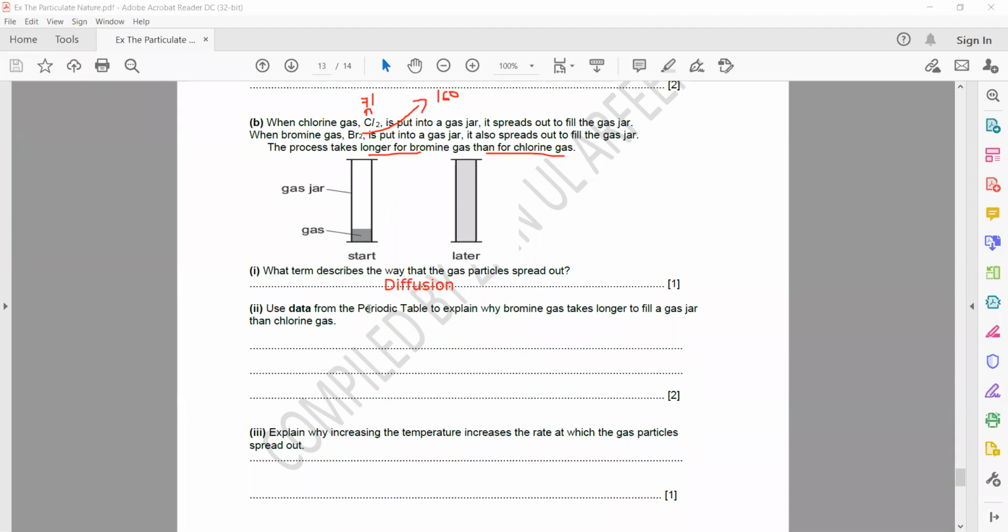Use the data from the periodic table, which means use the masses. Why does bromine take longer to fill the gas jar than chlorine? But why is the chlorine gas faster? That's the question.